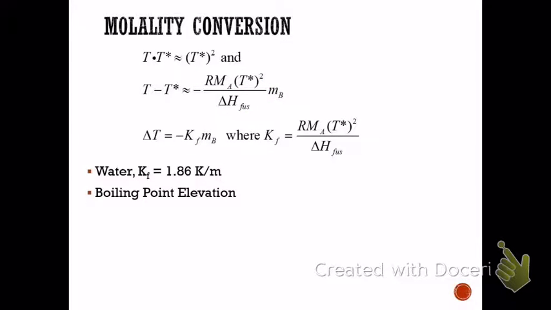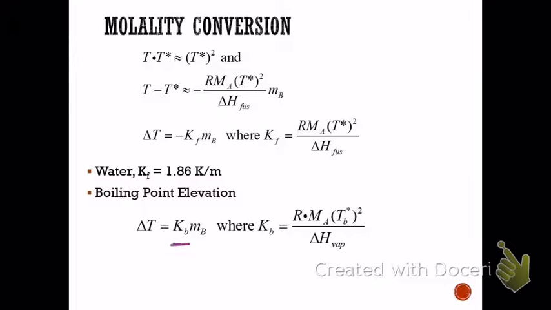If we want to do boiling point elevation, the derivation is really almost identical. The only difference is the sign changes because of the nature of the derivation early on, and we end up with an expression for delta T, the elevation in boiling point that occurs when we add solute, with the constant K sub B, and K sub B is given by this set of terms here, where you'll notice a direct connection to the cryoscopic constant.